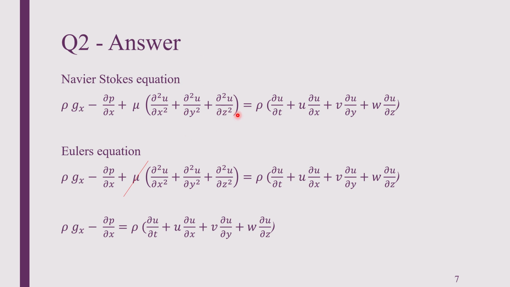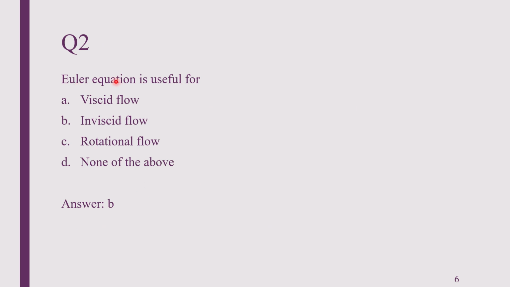So this viscous term would be zero, and we are left with rho times (dou u by dou t plus u dou u by dou x plus v dou u by dou y plus w dou u by dou z) equal to rho gx minus dou p by dou x. This term is completely gone. This is known as Euler's equation, where we have neglected the effect of viscosity. So the answer is that Euler's equation is useful for inviscid flow, that is, non-viscous flow.